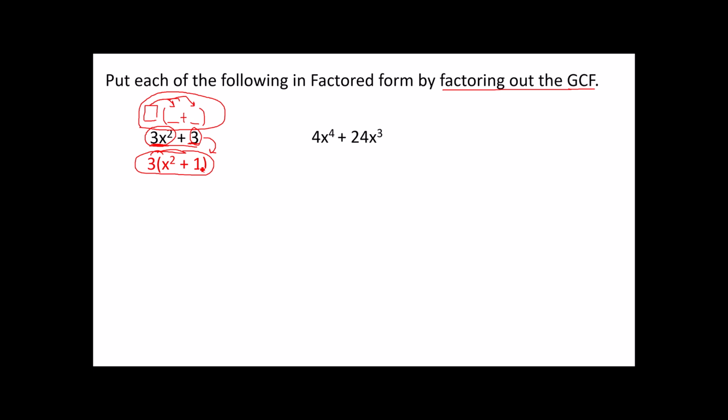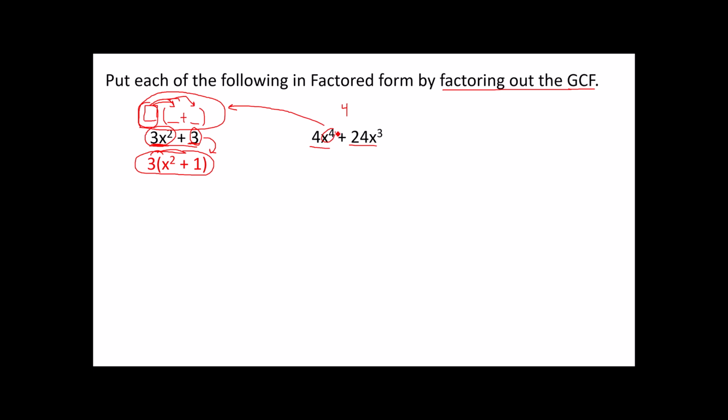How about this? Can you look at this and see if you were to look at both of these terms and you were to think back to our last unit where we were multiplying something on the outside times everything on the inside, what do these two numbers, 4 and 24, have in common? Hopefully you realize both of them are divisible by 4.